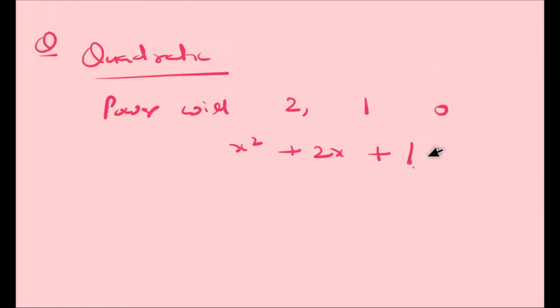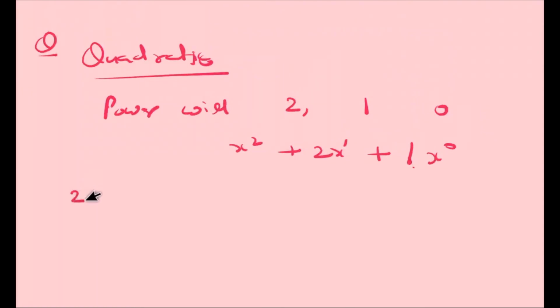Here we can see power of x is 0 and power of x is 1, power of x is 2. That is the quadratic. Okay, or it can be 0 1 2, 2 1 0 or opposite 0 1 2, or just double or triple or more than 4.